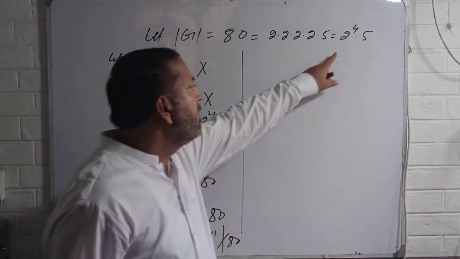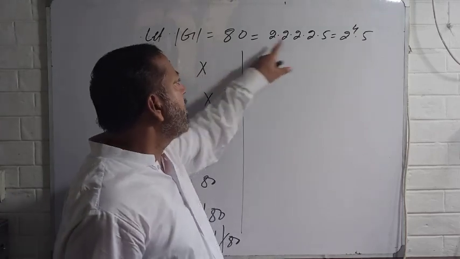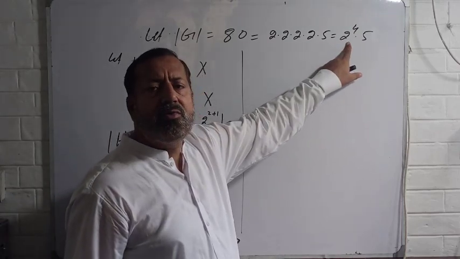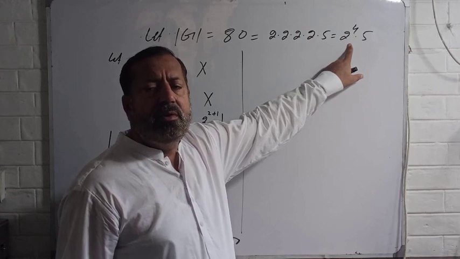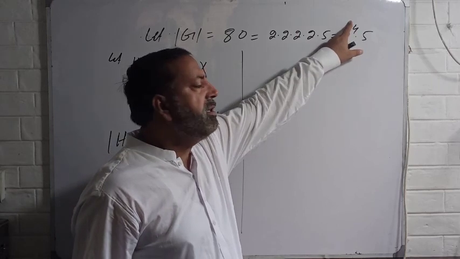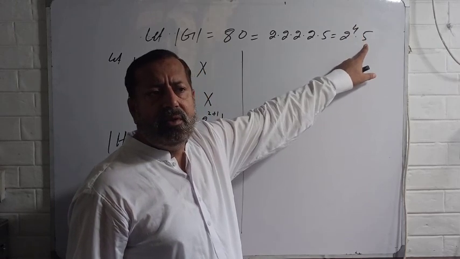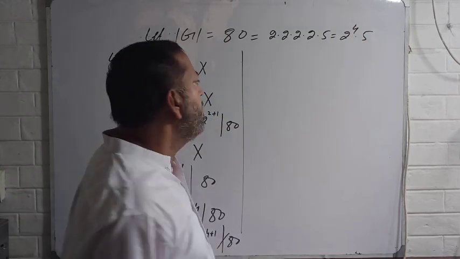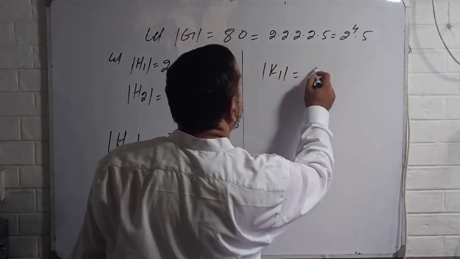So from the prime factorization of your number, you can see that there could be a Sylow-p subgroup. If there is a Sylow-p subgroup, then its order must be 16. Similarly, if there is a Sylow-5 subgroup, then its order is 5. So similarly, order of K1 is equal to 5.